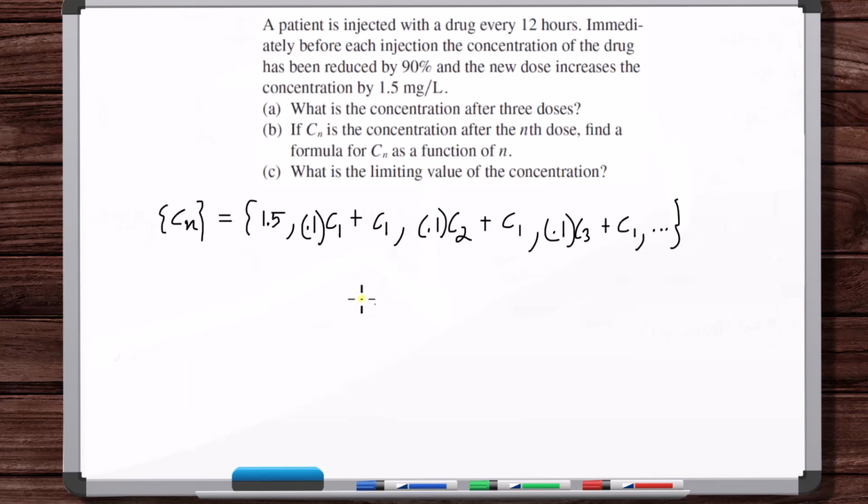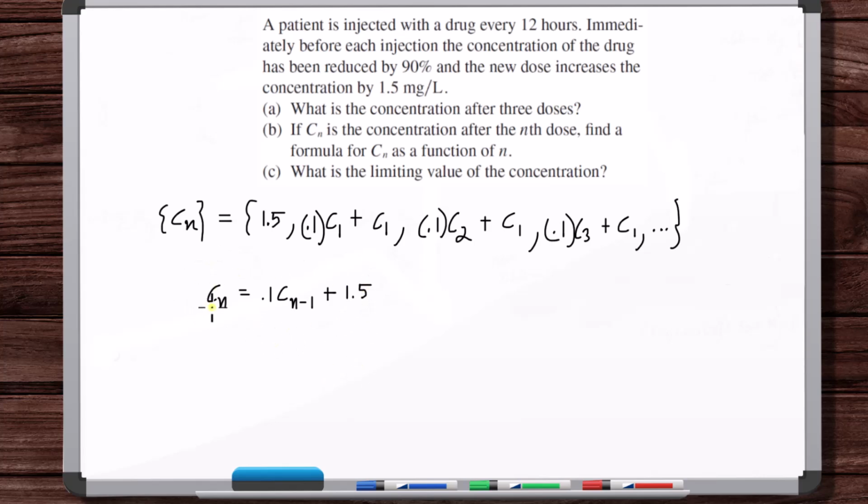Okay, so if we ignore the first term, we can see that in general, the nth term is 0.1 times the term before the nth term plus 1.5. That's what we're doing. Now, you could go ahead from here.